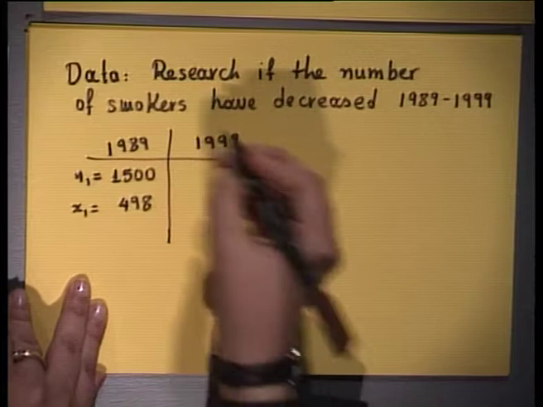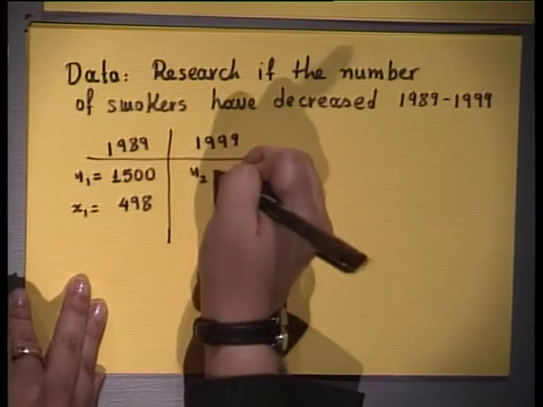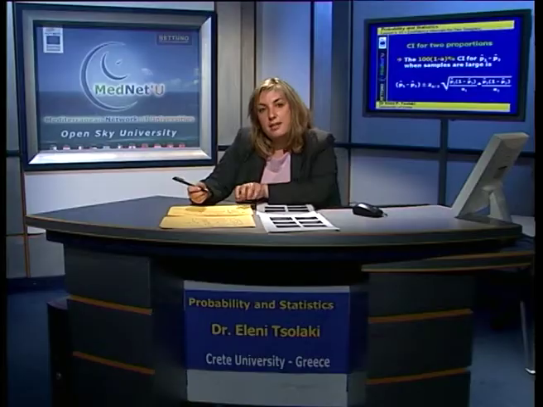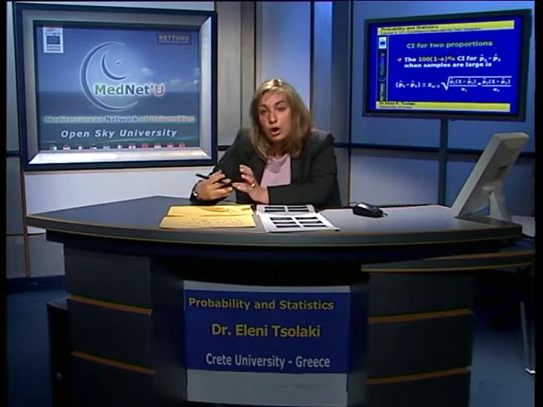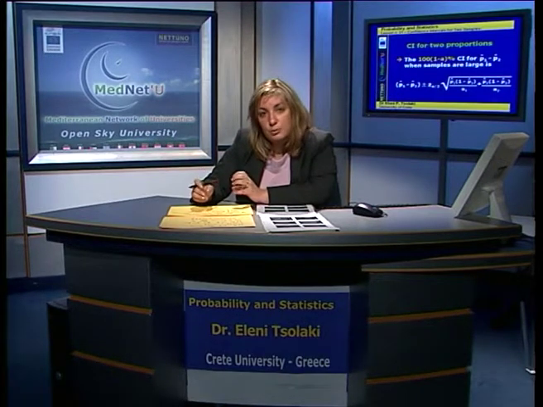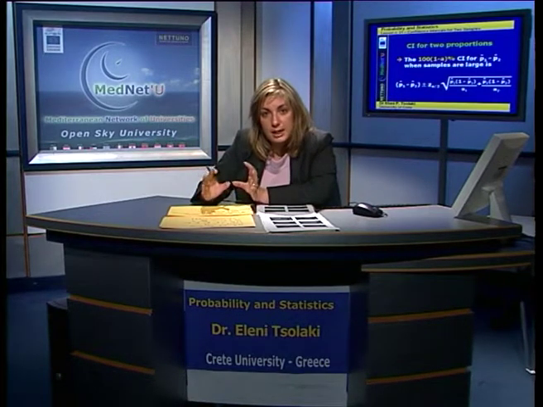Now in 1999, 2,000 people were asked. We see that, as we said, we do not require the two samples to be the same size, but we require that the two samples are large.